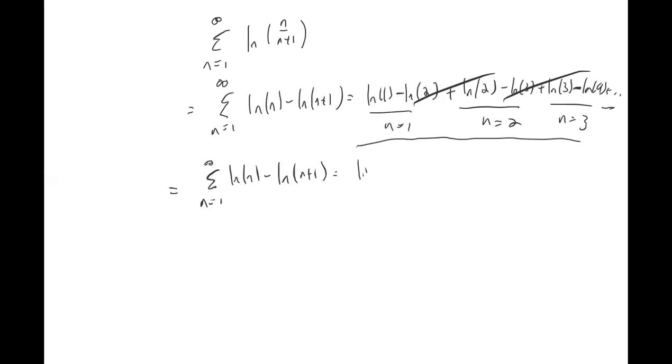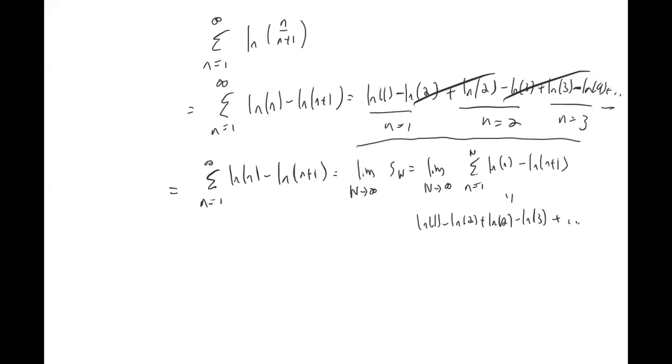So this is the limit as n goes to infinity of Sn. Let's write this out. This is ln of 1 minus ln of 2 plus ln of 2 minus ln of 3, all the way to, let's plug in n minus 1, so this is for n equals n minus 1, and then we go all the way to n.